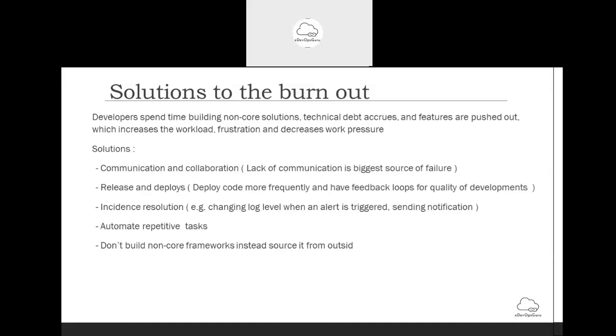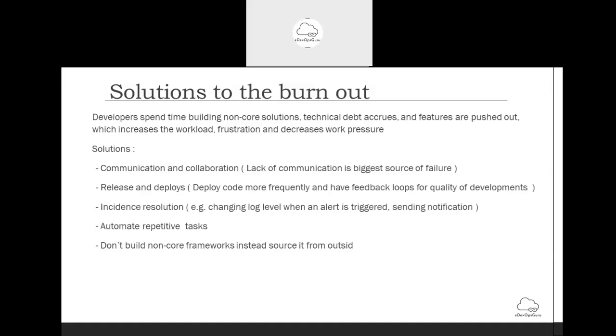So if I have to execute a unit test case, or if I have to compile my code, I don't need to compile it on my machine. That whole setup should be on the central server, where I just write the code and it gets compiled on the central server. In that way, I don't have to set up my build environment on my local machine.